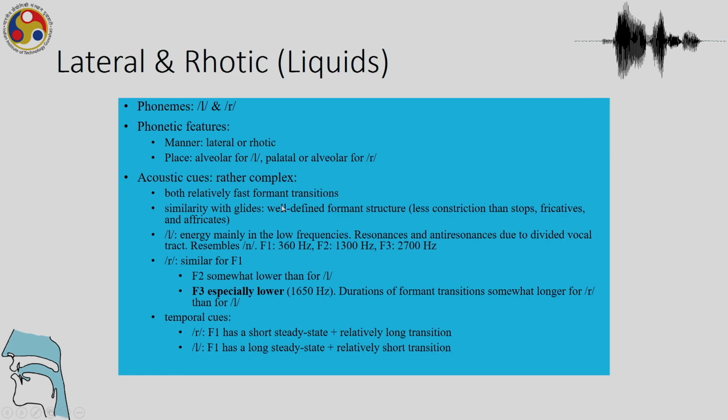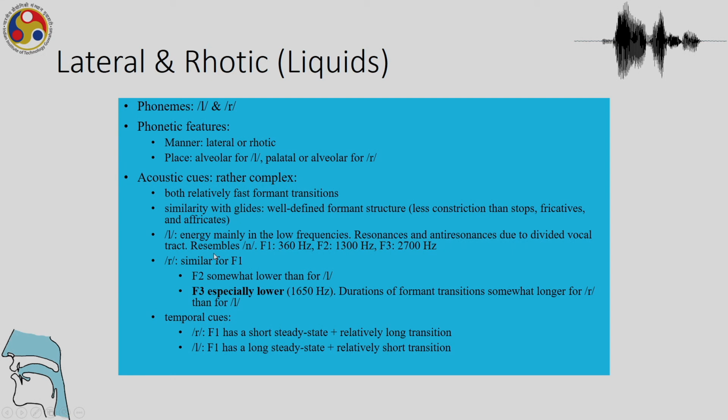When it comes to the approximants la and ra, their acoustic cues are quite complex. They both have very fast moving formant transitions, and they have a well defined form and structure.